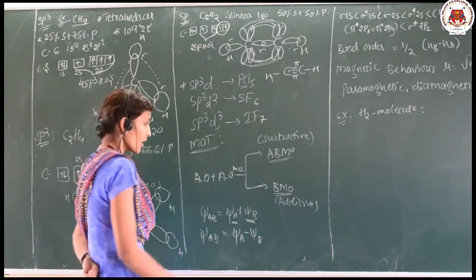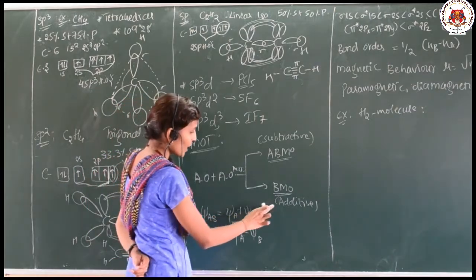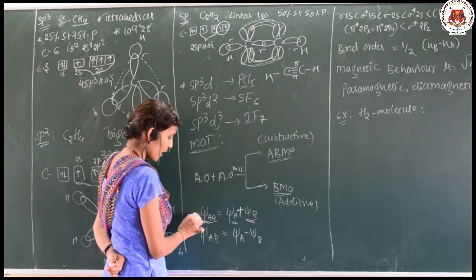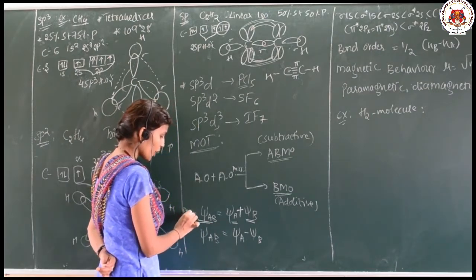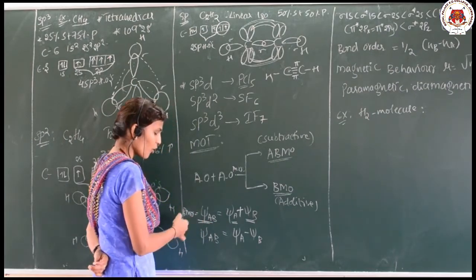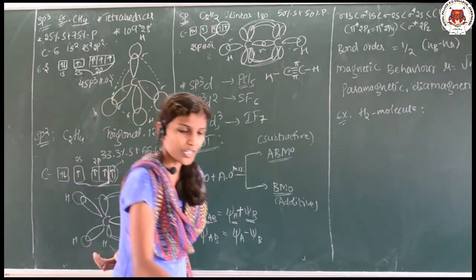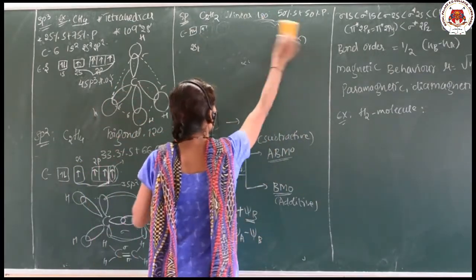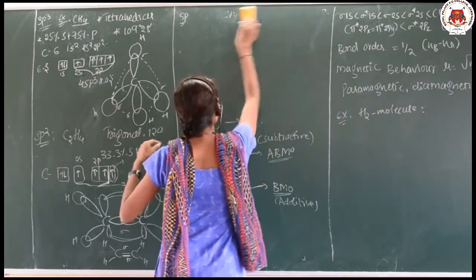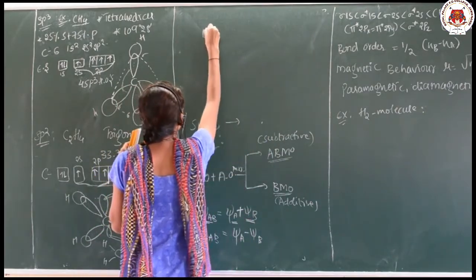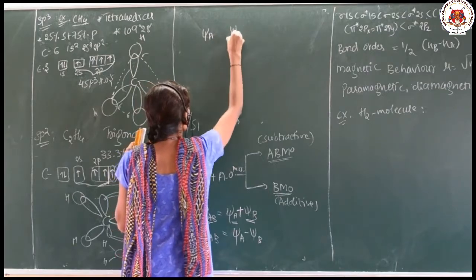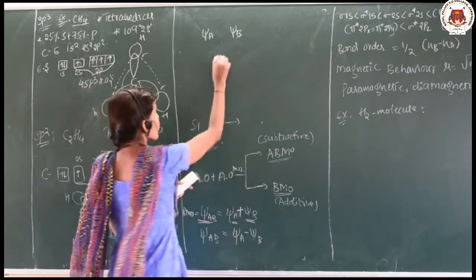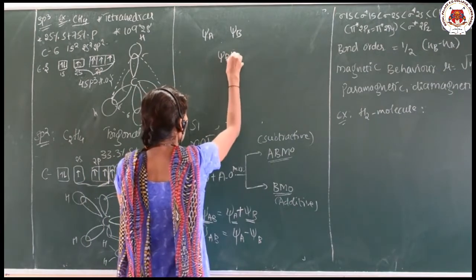If they combine in an additive way, that is plus, it will form psi AB bonding molecular orbital. So, the wave functions of the 2 atomic orbitals psi A and psi B combine with each other, and there is a formation of the psi AB molecular orbital.